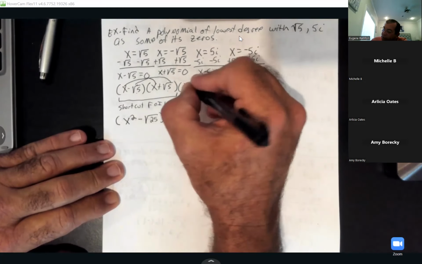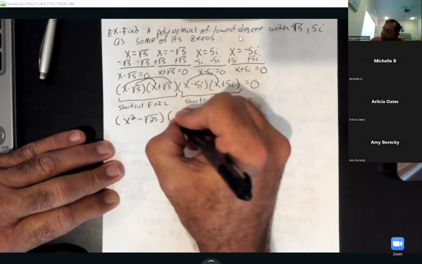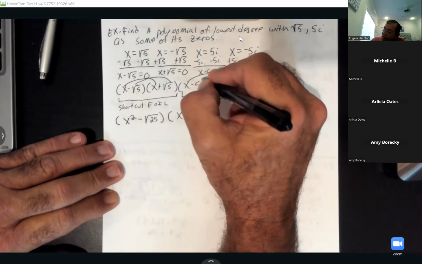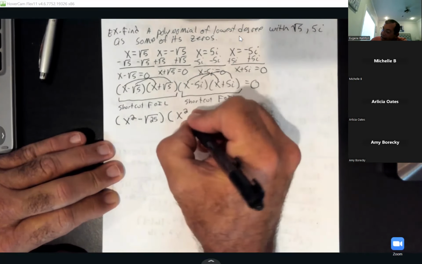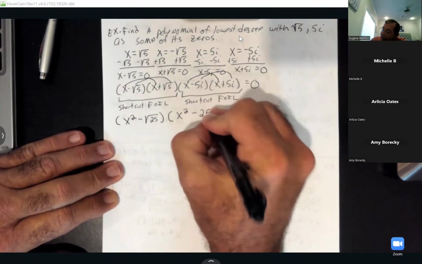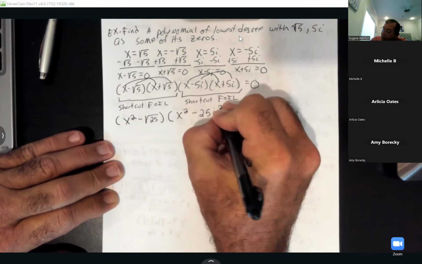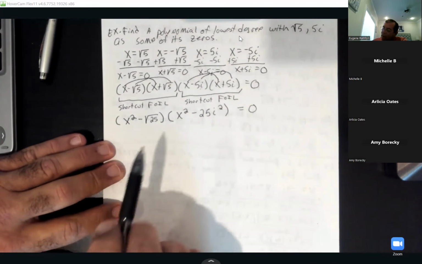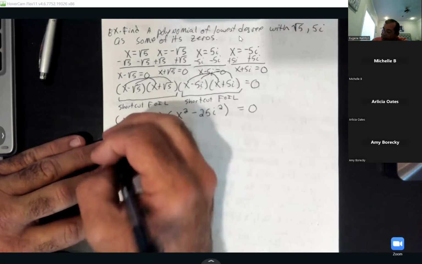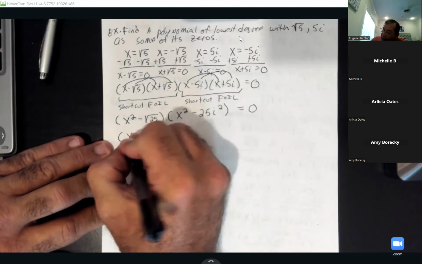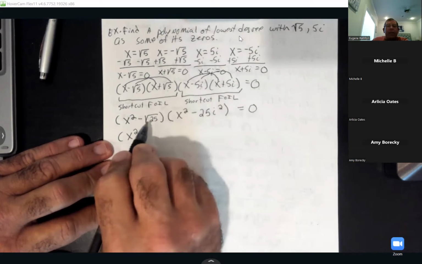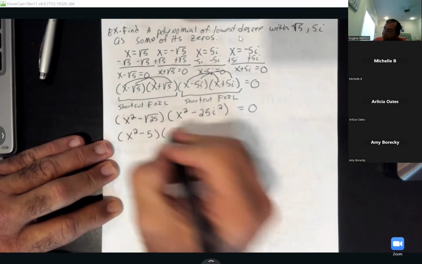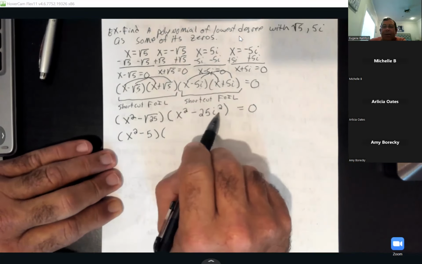Shortcut FOIL, the first 2, x times x is an x squared. Negative 5i times 5i is a negative 25i squared. And if you notice, I can go 1 step further in this one. So I'm going to have x squared minus square root of 25 is 5. Now, y'all, what did we say about this i squared?